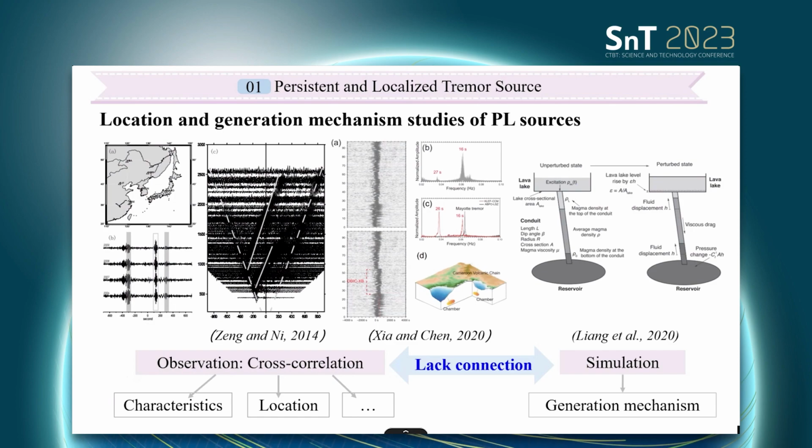Previous studies about PL sources are mainly about observation and simulation. They study their characteristics, locations, and so on, and use simulation to find their generation mechanisms, but they lack connection between characteristics and generation mechanisms.